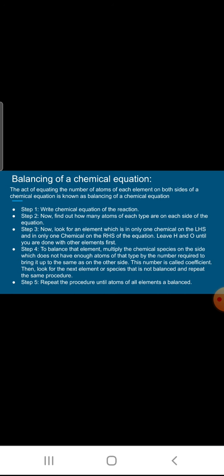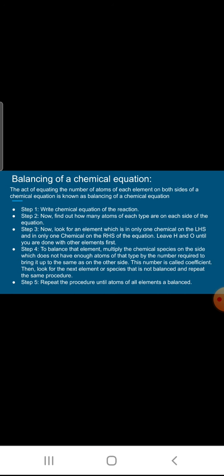The first step is we have to write skeletal or unbalanced equation of the reaction. Now, we need to find out how many atoms of each type are on each side of the equation. Next step, now look for an element which is in only one chemical on the LHS and in only one chemical on the RHS of the equation.